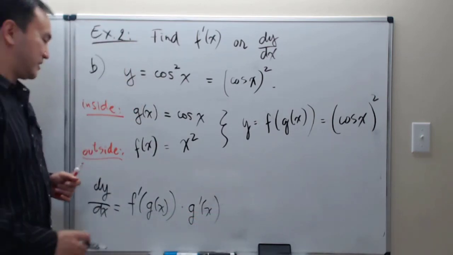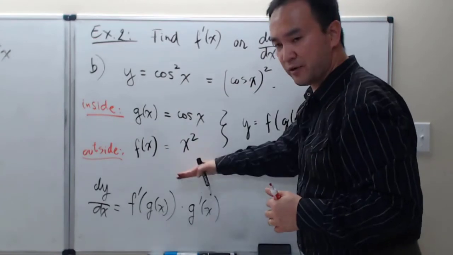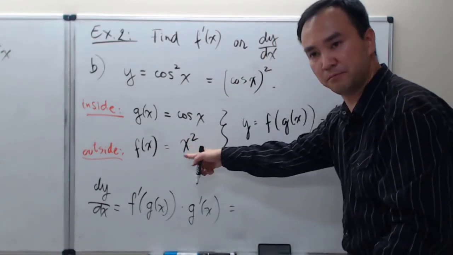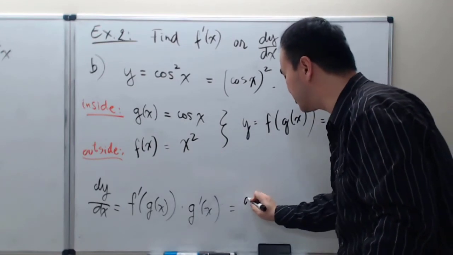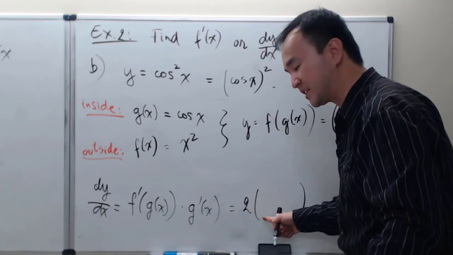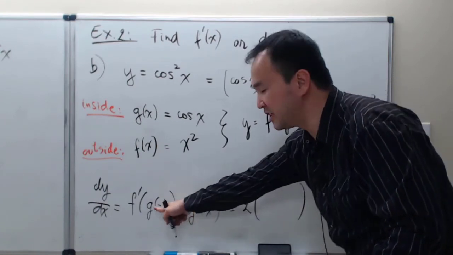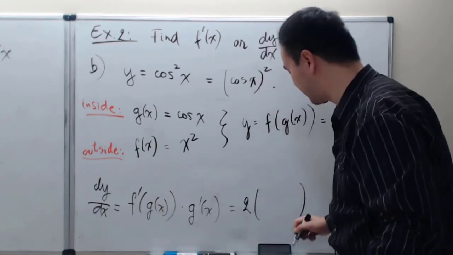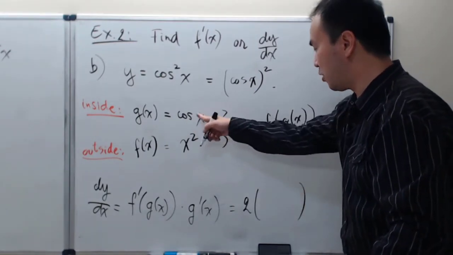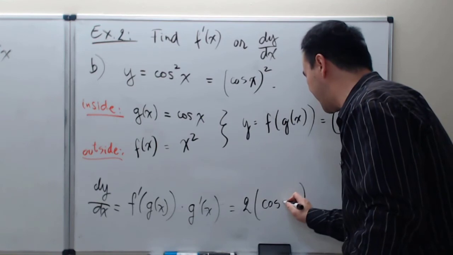In that way, everything is pretty laid out for us. f prime needs to go first. So f prime is the simple power rule: 2 times x, but keep in mind x now is being substituted by your function g. So I leave that x empty, and now I'm filling in the cosine of x. So 2 cosine of x.